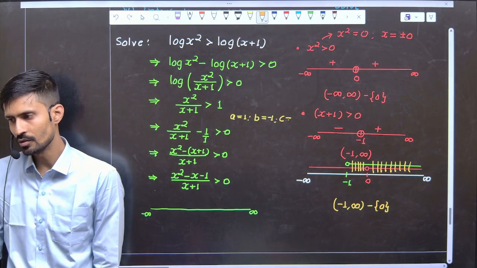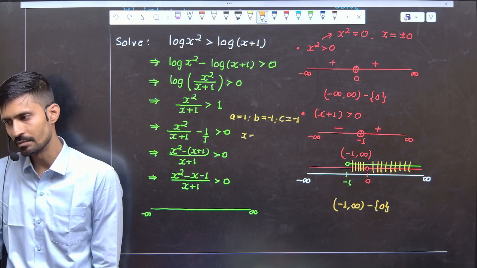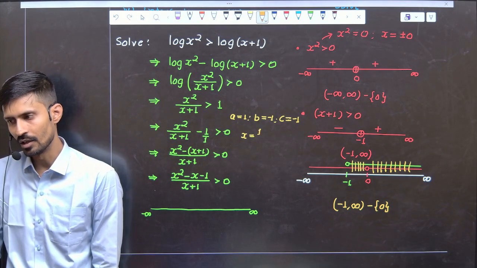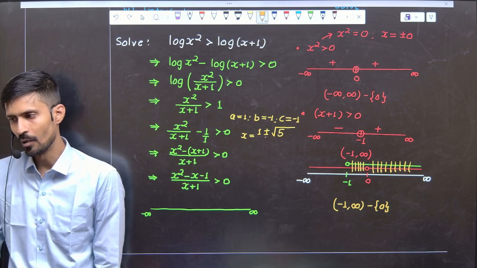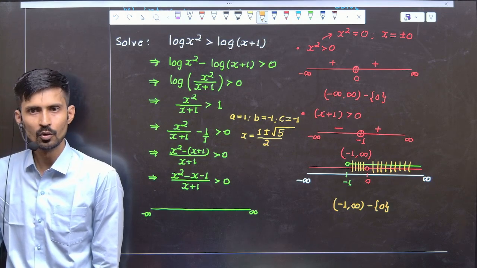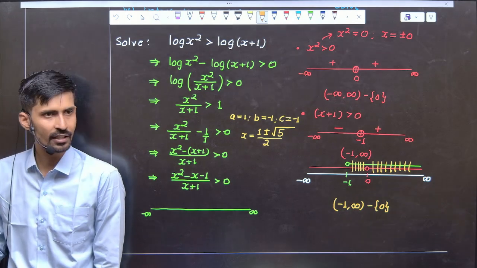C is equals to minus 1. Now I'll find x. X is equals to minus B, minus of minus 1, 1 plus minus root under B square, that will become 5, upon 2a, 2 into 1, 2. Root 5.